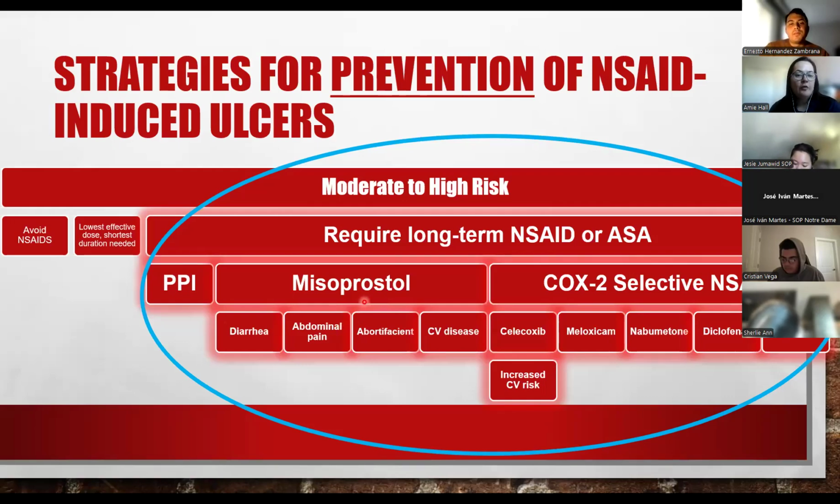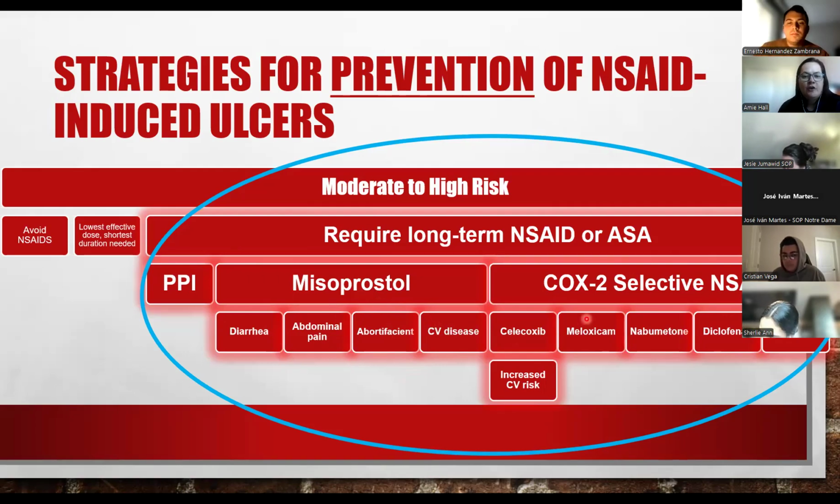The problem with misoprostol is that it can cause diarrhea, it can cause abdominal pain. We can't use it in pregnant patients or patients who are trying to get pregnant because it's abortifacient, and it can increase the risk of cardiovascular disease. But it is one option. You often see Arthrotec, a drug that's available that has diclofenac, which is an NSAID, plus misoprostol in the same tablet.